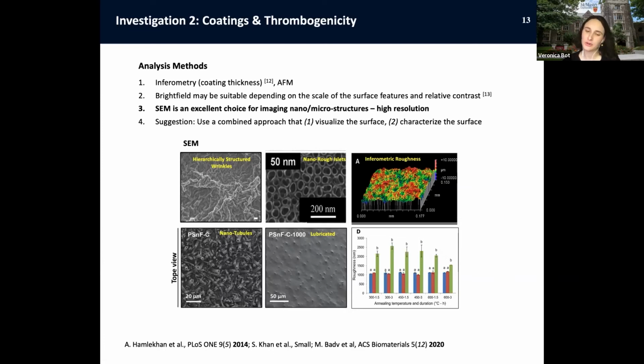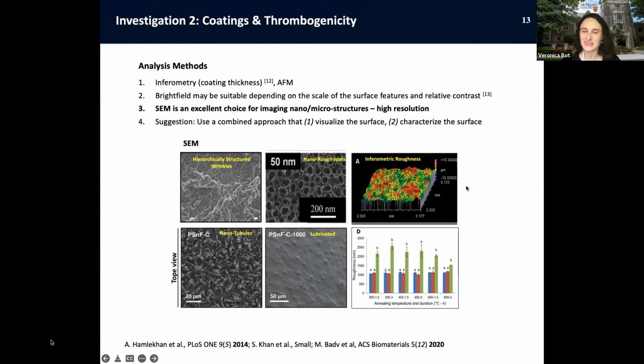It helps us visualize what these surfaces look like in a very qualitative sense. However, as usual, I would suggest using a combined approach that integrates not only this qualitative observation, but also a quantitative observation. So for example, using interferometry or AFM to gauge the roughness in a numerical language, or the thickness of your coating in a numerical language.